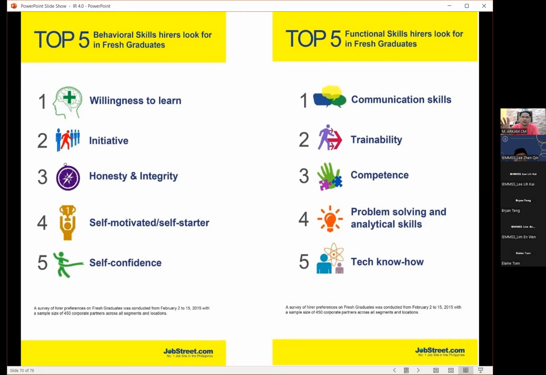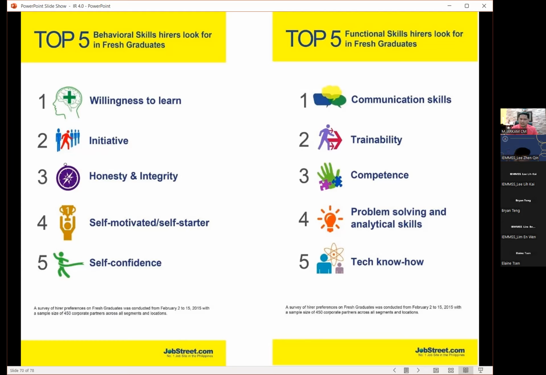Whatever new things, you are not just stuck with what your predecessor or successor or whoever taught you before, because other people will come with another perspective. You need to adapt to that new perspective. You need to be competent, with problem solving and analytical skill, how you want to solve problems.